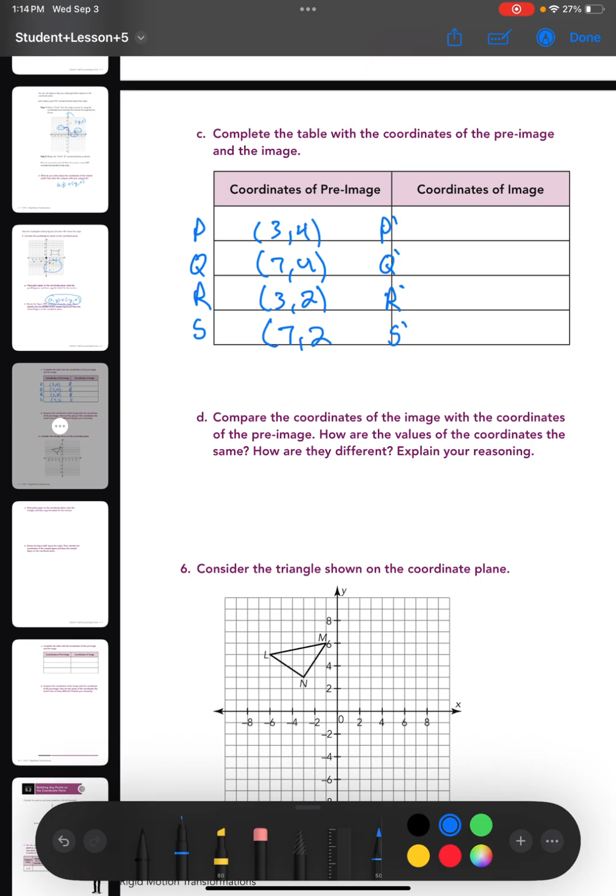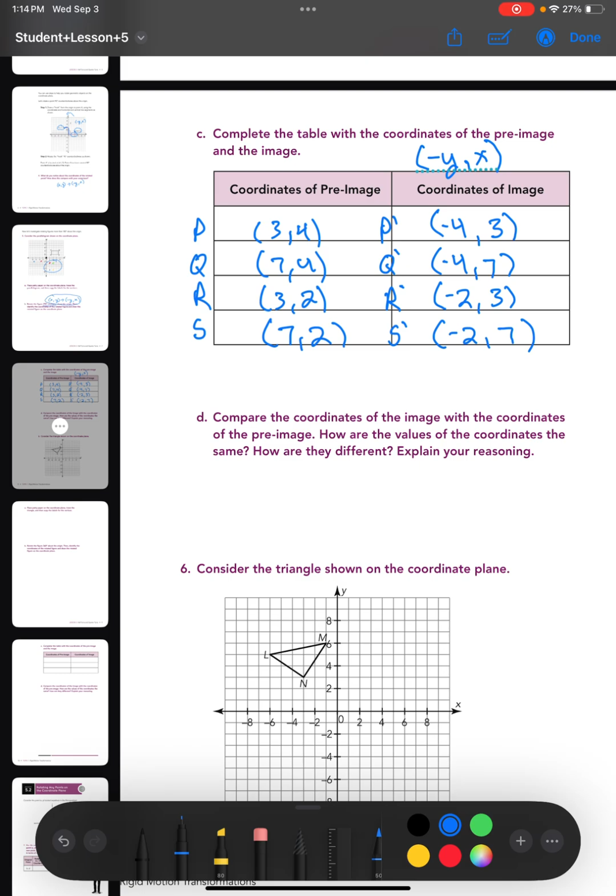So we're using that rule of (negative y, x) for a 270 degree rotation. So that means P is going to become (negative 4, 3), if we follow that rule to move those points around. Q is going to become (negative 4, 7). R is going to become (negative 2, 3), and S is going to become (negative 2, 7).